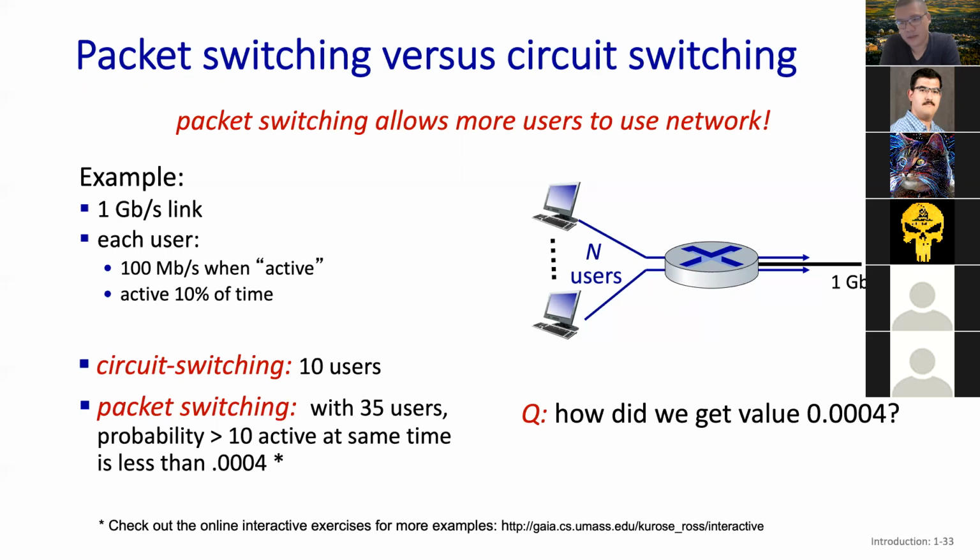In a high level conclusion, this tells us that packet switching allows more users to use the network. But circuit switching, because you dominate the link, will limit the upper bound of the users that can share the network, right? So this is some advantage of packet switching.